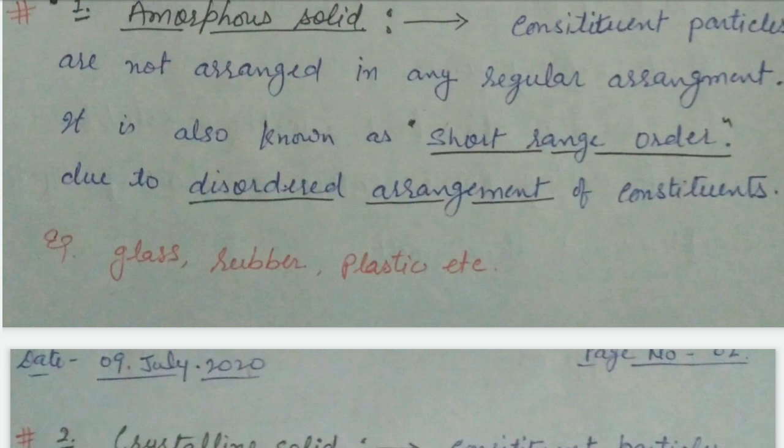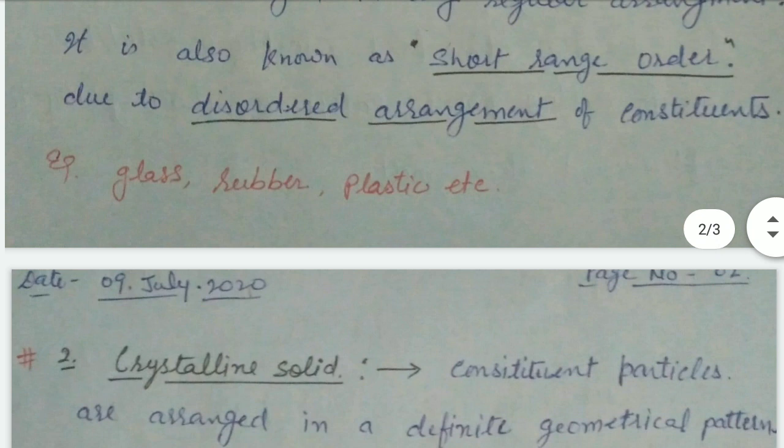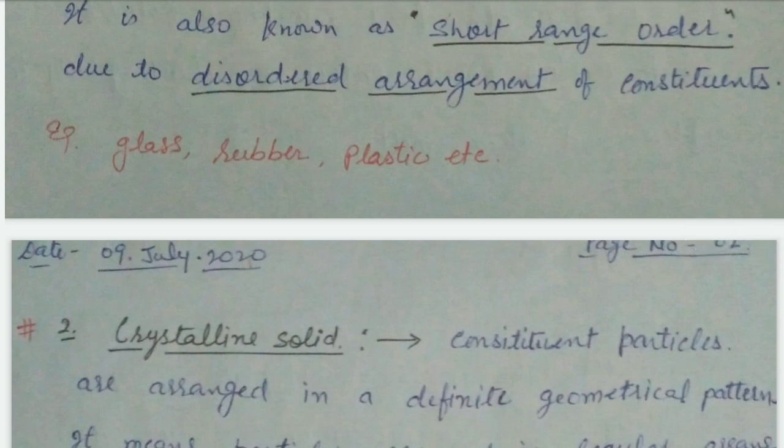Therefore it is known as short range order. Why is it called short range order? This is because of the disordered arrangement of the constituent particles. For example, glass, rubber, plastic, etc. These are the common examples of amorphous solid.